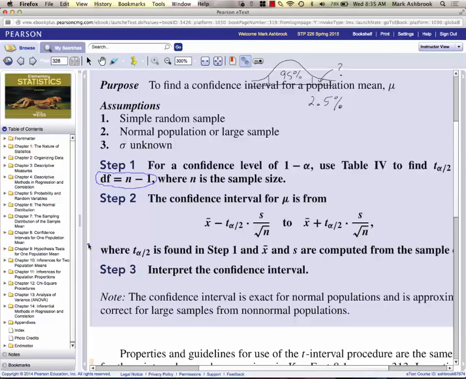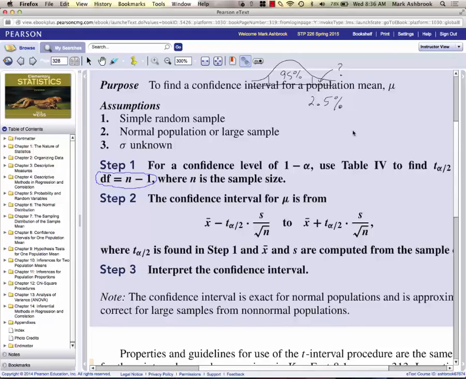The differences are we have the sample standard deviation rather than the population standard deviation. We have a new distribution that we're looking at, the t distribution, and we need to make note of degrees of freedom. It's going to be 1 less than our sample size. If we want to talk about what that means, you can talk to me outside of class, just because we need to get to the examples here.